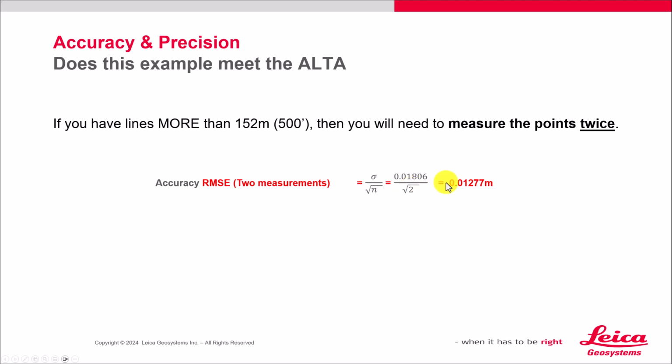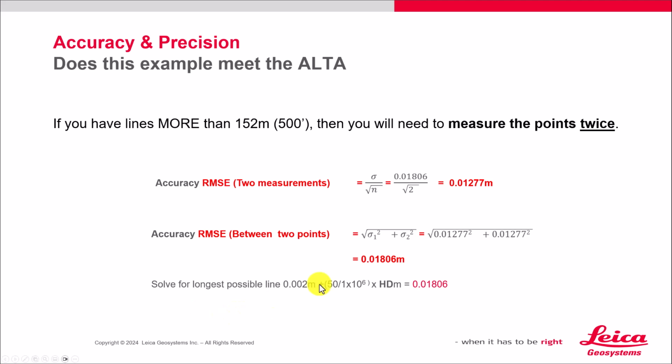Divided by the square root of 2, 0.01277. Now the accuracy between those 2 points: because we've shot a point twice, and we're doing this on 2 points, we plug in that RMSE between 2 measurements, and we get 0.01806.